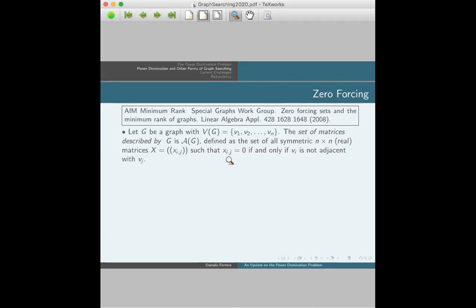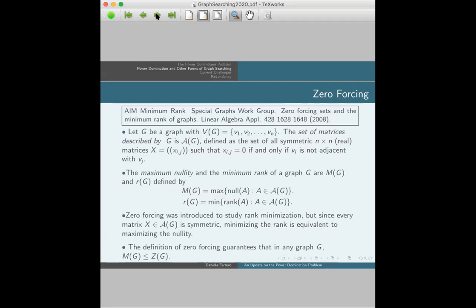So the adjacency matrix that we all know is a particular matrix here, but if the ones are replaced with any other positive integer, as long as you keep the symmetry, the matrix remains having certain properties that are interesting, and that's why this class A of G is studied. So the class of matrices described by a graph. And in particular, for this class of matrices, it is defined the maximum nullity and the minimum rank.